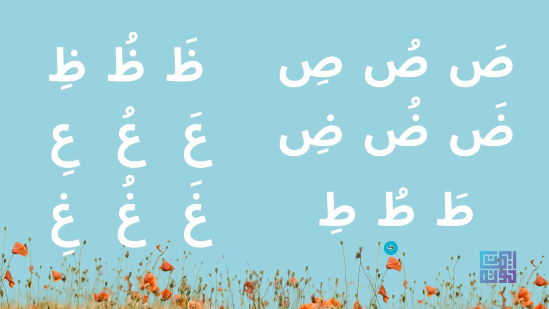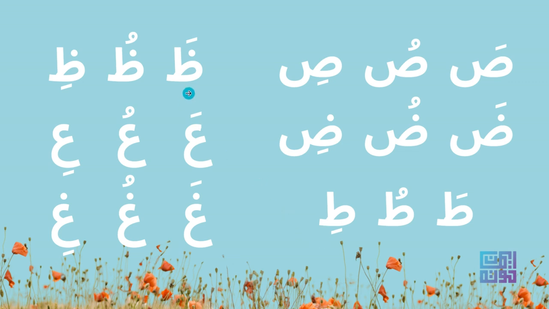Tu is the Ta letter. But here, it's a To. With a Kasra, it is Ti. So it's Ta, To, Ti. Let's do it again. Ta, To, Ti. Very good. Very good.